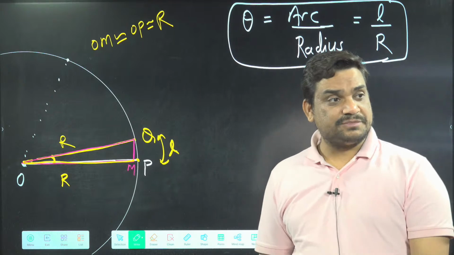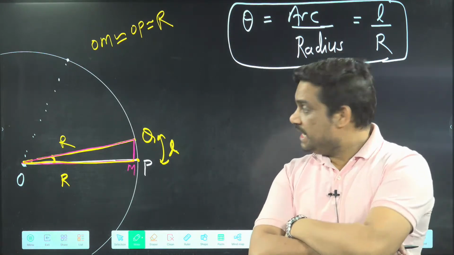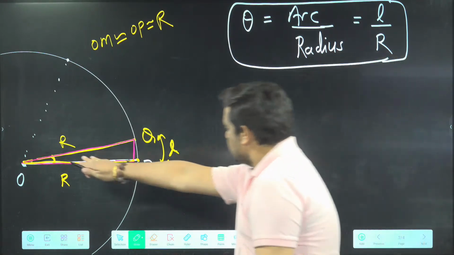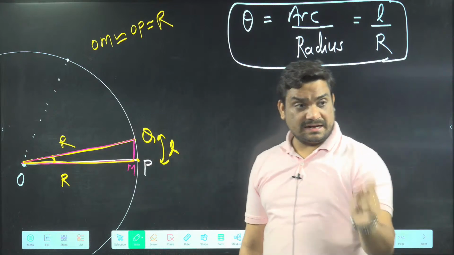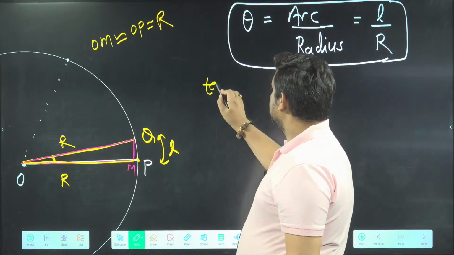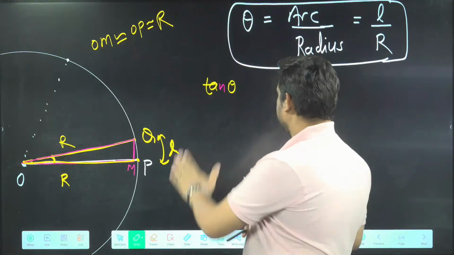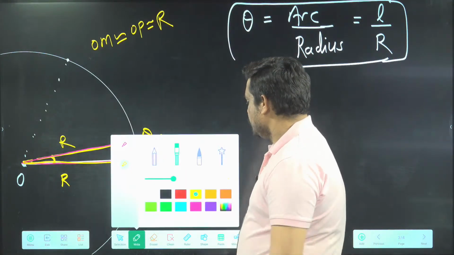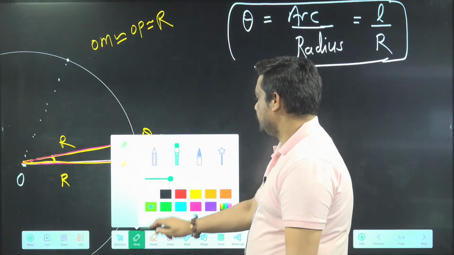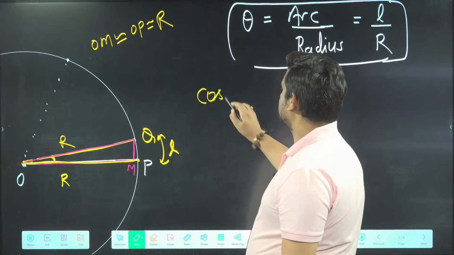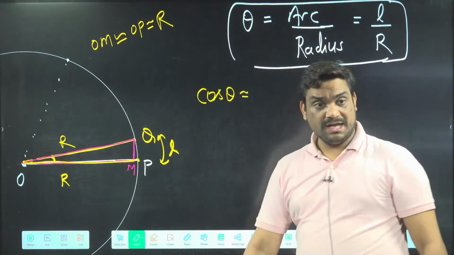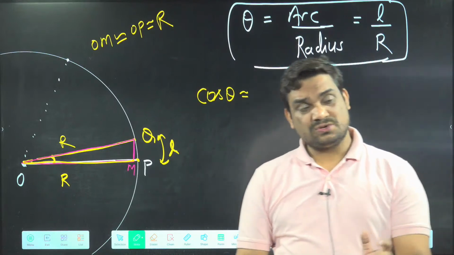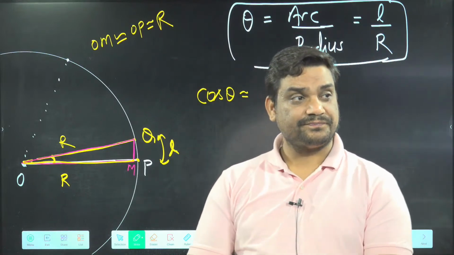So listen, what I'm saying here is that this is also your R. I can write tan theta, or first we can write for cos. So if I say cos theta here, in this right angle, cos theta will be equal to how much?